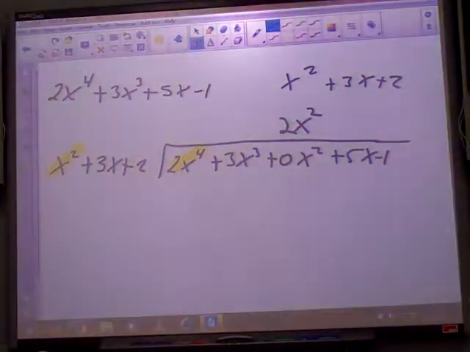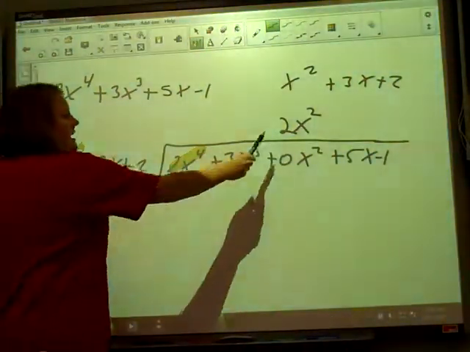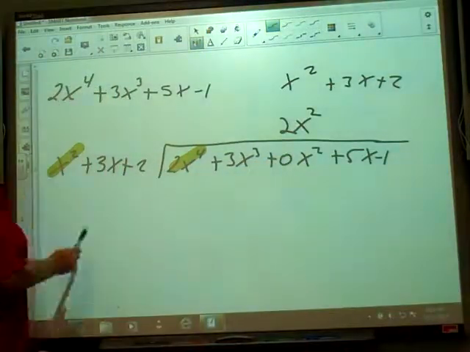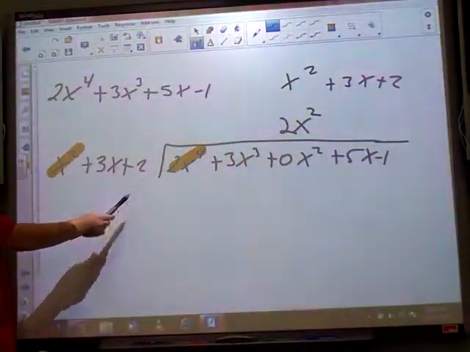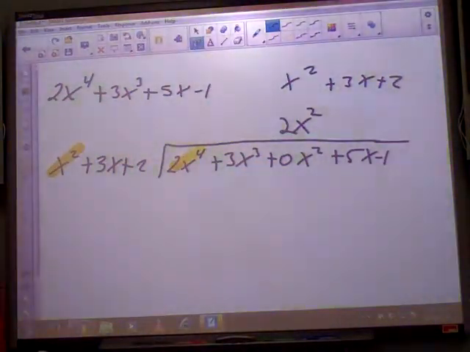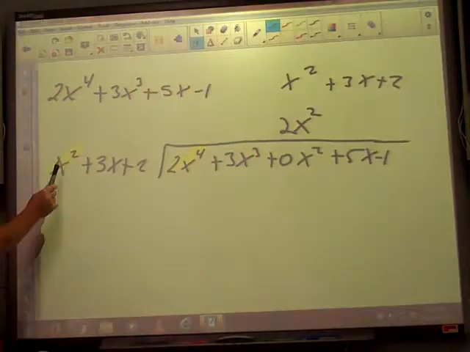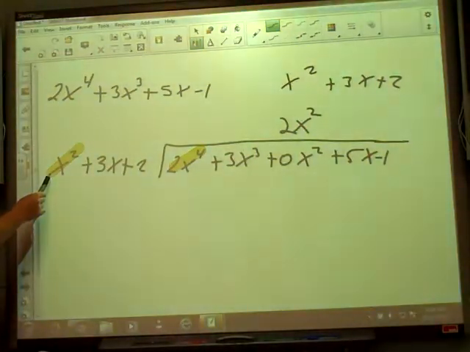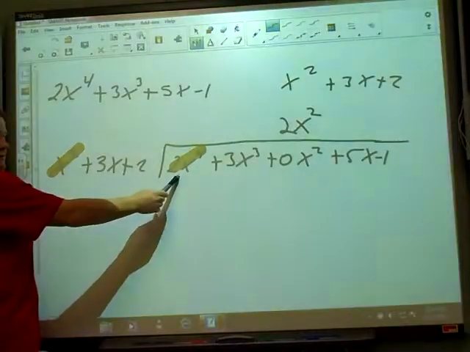Once you get that, just like when you were little, you're going to take this and multiply it by everything that's out here. So I'm going to do 2x squared times x squared. That's 2x to the fourth.